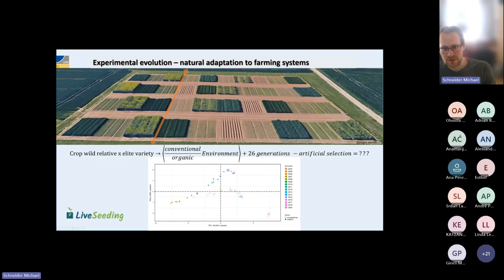And this has then been left out on these fields that you can see here, one organic, one conventional environment, for 26 generations without artificial selection. And what turned out to be our question then was, how did they evolve over time?